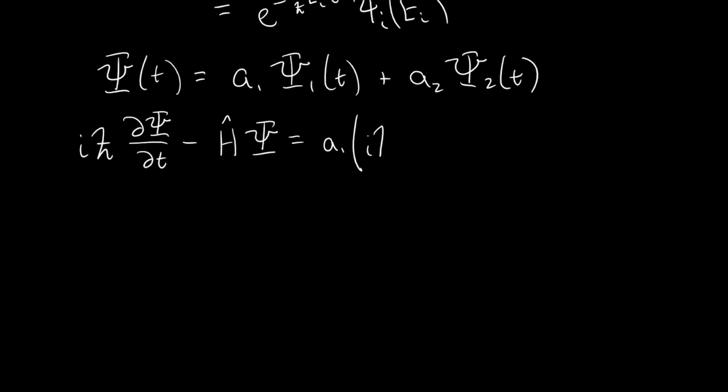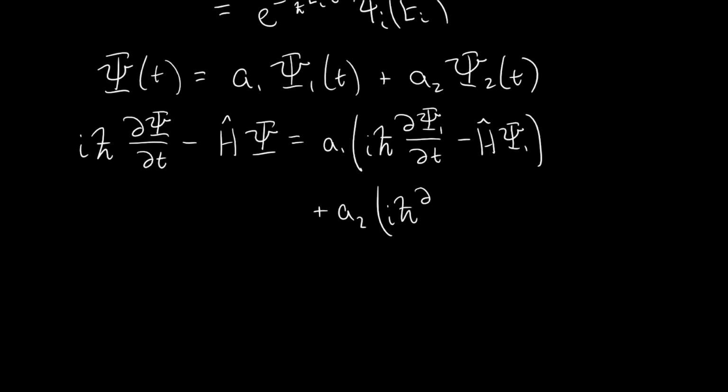A1 times i h bar d psi 1 dt minus H hat psi 1, plus a2 times i h bar d psi 2 dt minus H hat psi 2.